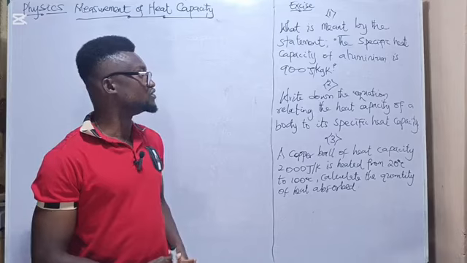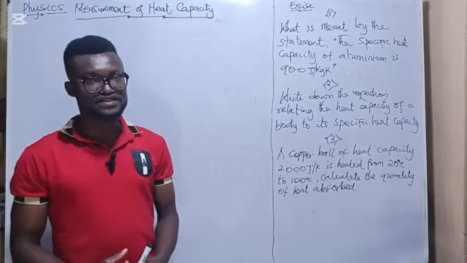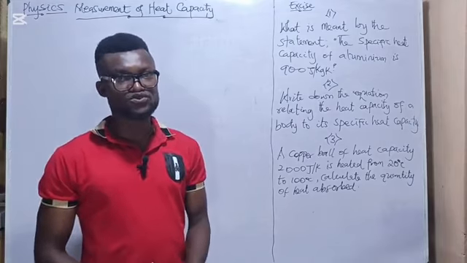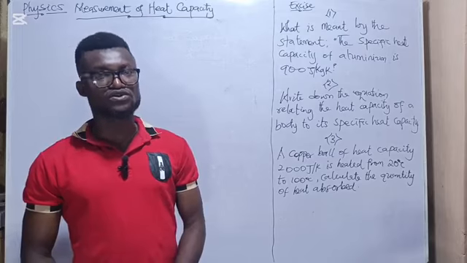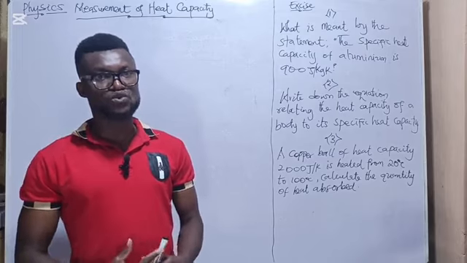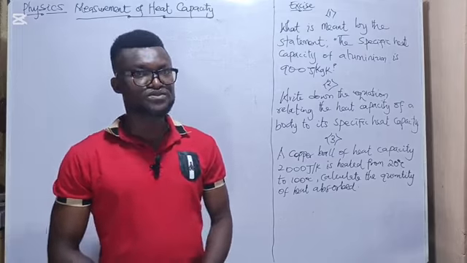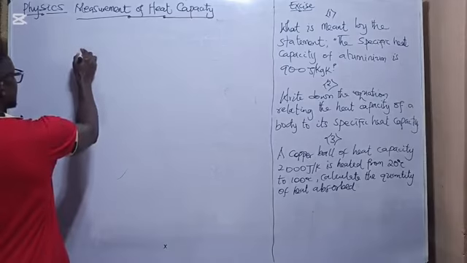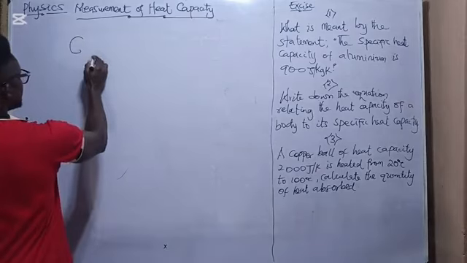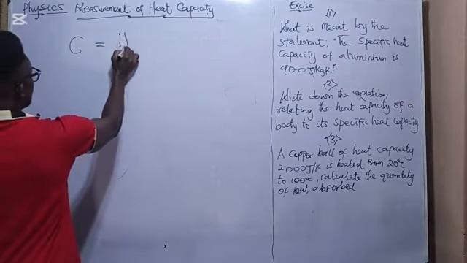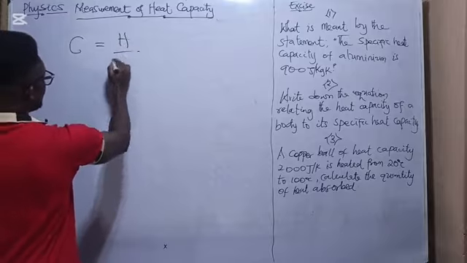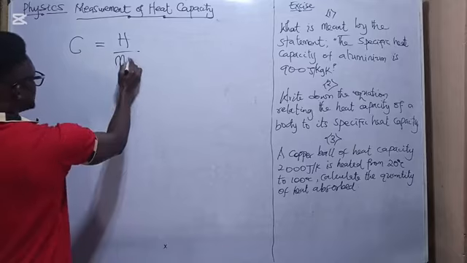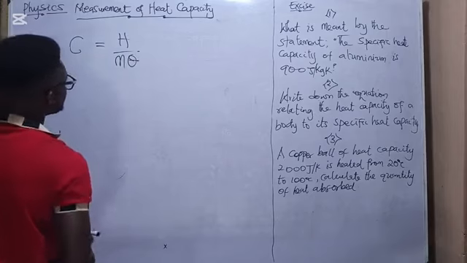Let's recall that specific heat capacity is the quantity of heat required to raise the temperature of a unit mass through 1 degree rise in temperature.